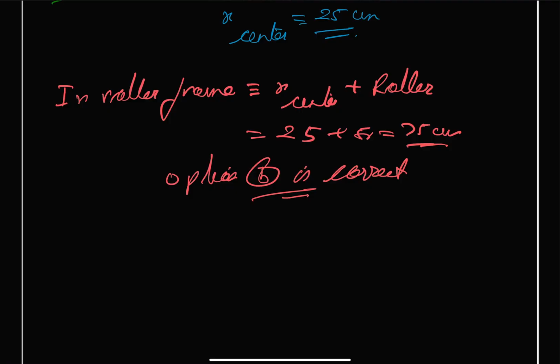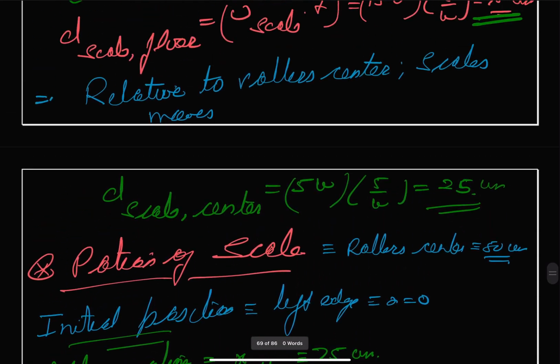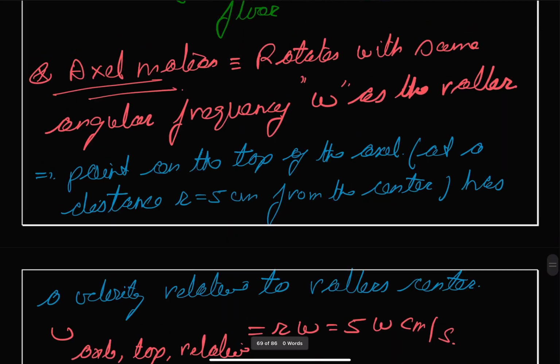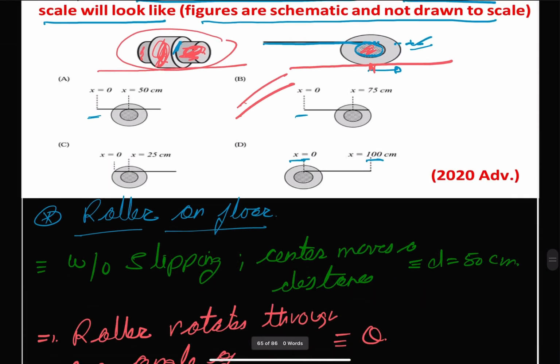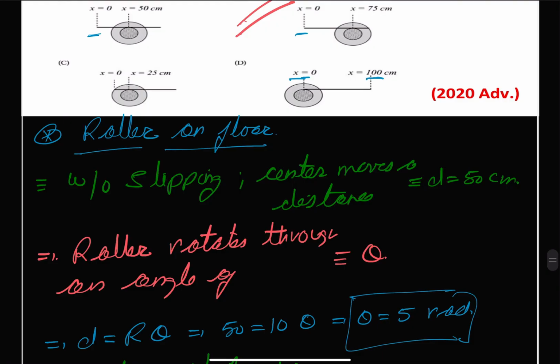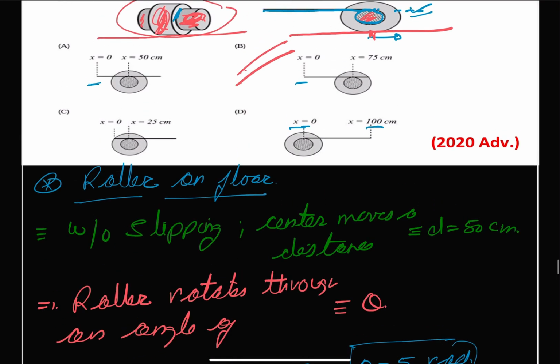And in this case also we can make sure that if we want to find out the rightmost edge, it moves from 0, so total distance from the left edge will be 75, so the rightmost edge should be at 175.